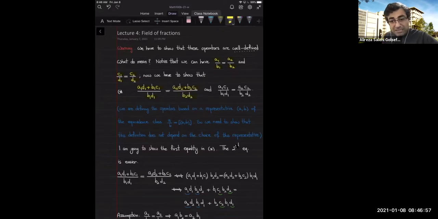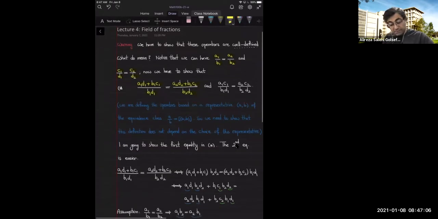A priori, it's not clear why I'm getting the same fractions. So that's what I need to show. I need to show that these two fractions are the same. The same statement holds for multiplication. So we need to say why a1 c1 over b1 d1 is the same as a2 c2 over b2 d2.